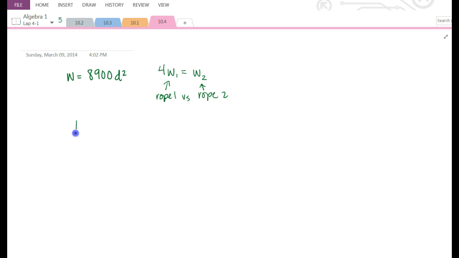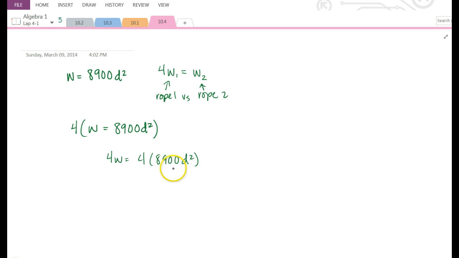So if I multiply the whole thing by 4, since we're looking at 4 times the breaking strength, is the diameter really being multiplied by 4? Well, when we look at this, we really have 4W equals 4 times 8,900 D squared.